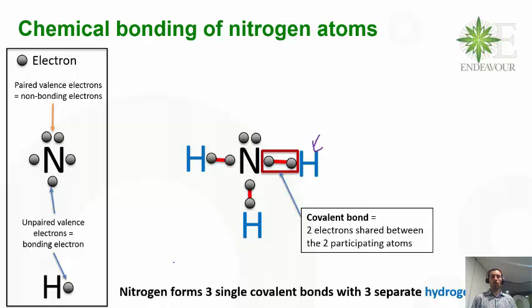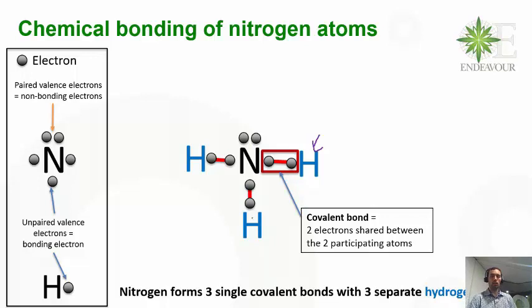So are all of the atoms involved here stable? All the nitrogen and the 3 hydrogens? Do they have the right number of electrons now? Yes, they do. Nitrogen has 8, so because these electrons are being shared, it now counts towards nitrogen's total. So 1, 2, 3, 4, 5, 6, 7, 8.